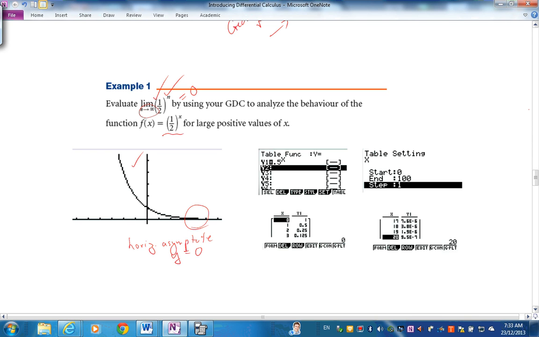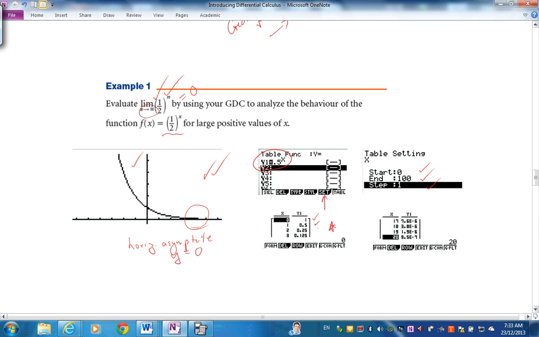So if you do go to the Casio and hit table, you've already put the function in graph mode over here, and table and graph share the same window. So if you switch across to table mode, that function that you've got in graph will be sitting there. Then if you hit set, you can set it to go from x is 0 to, let's say, 100 in steps of 1. So then it produces a table here if you hit execute. And you go 0, you can see half to the 0 is 1.